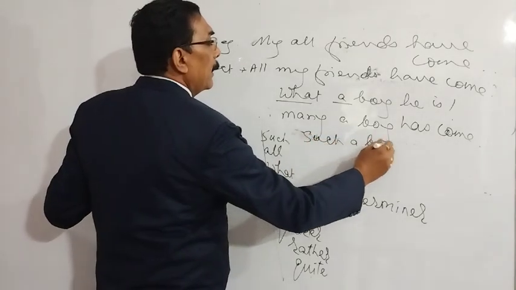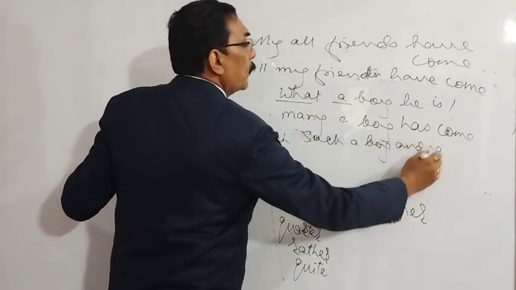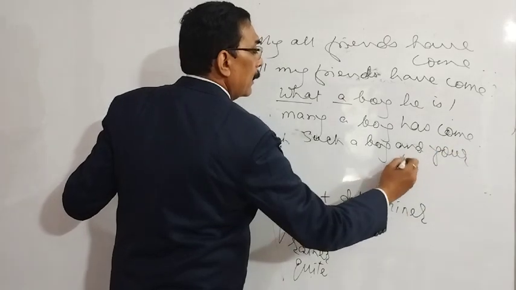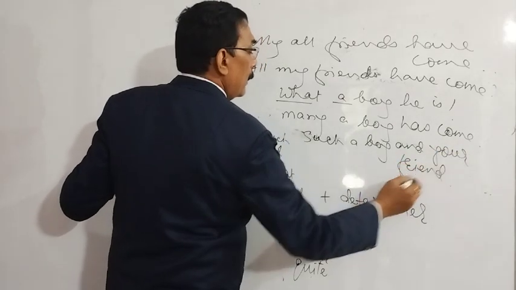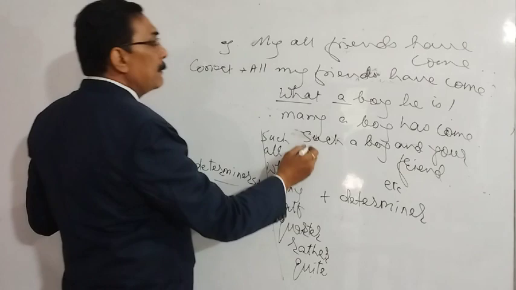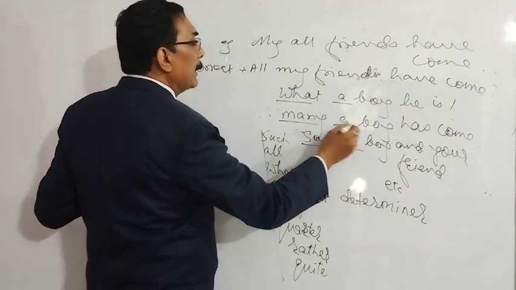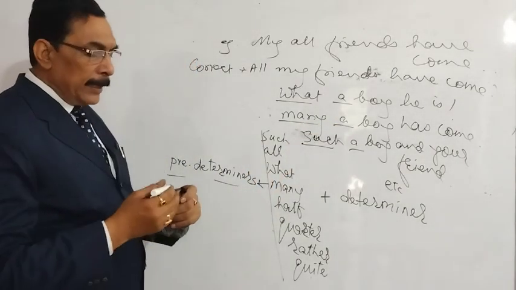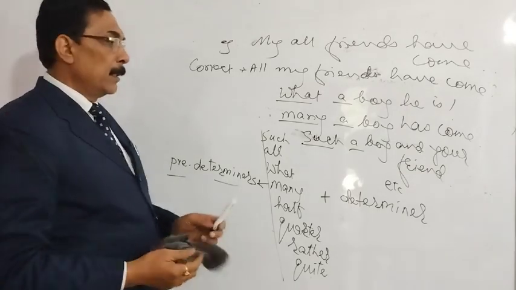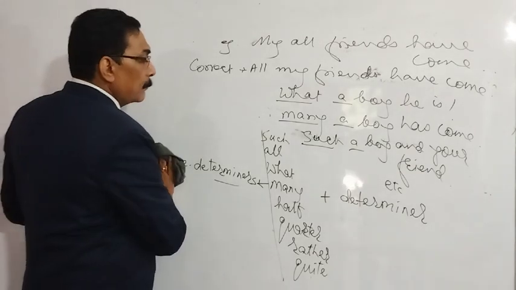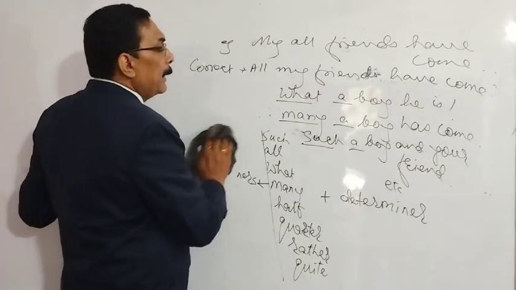"Such a boy and your friend," etc. So sometimes we use double determiners. In general expressions, usually we don't. So this was about predeterminers.